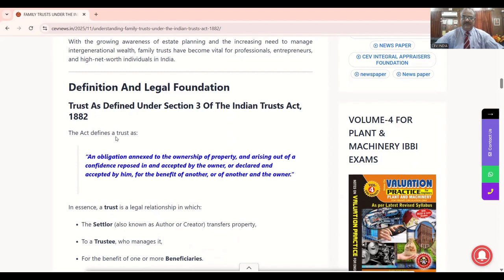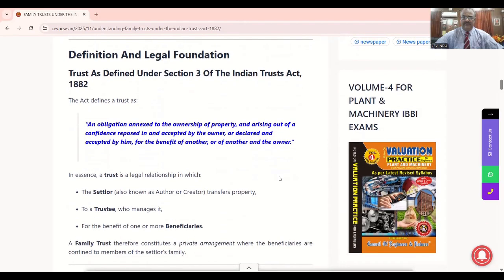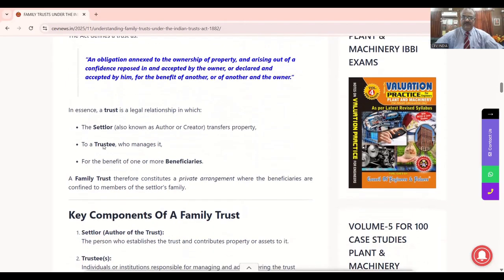The Act defines a trust as an obligation annexed to the ownership of the property and arising out of a confidence reposed in and accepted by the owner, or declared and accepted by him, for the benefit of another, or of another and the owner. This is the official definition as mentioned in Section 3 of the Indian Trust Act 1882.